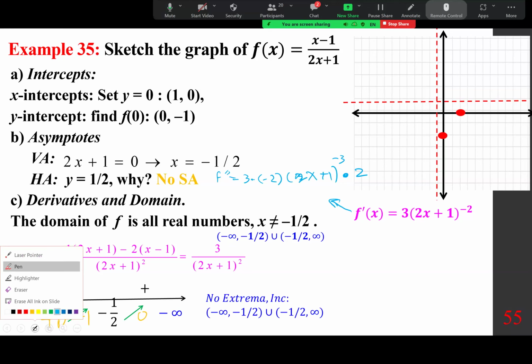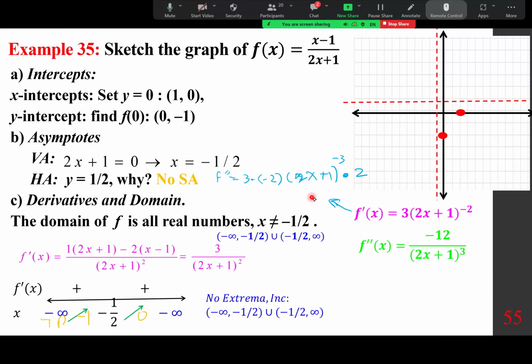So we have 3 times -2, minus 6, and times 2, the product is -12. This goes down, make it a positive exponent. And I hope you recognize that actually at x equals -1/2, things change.